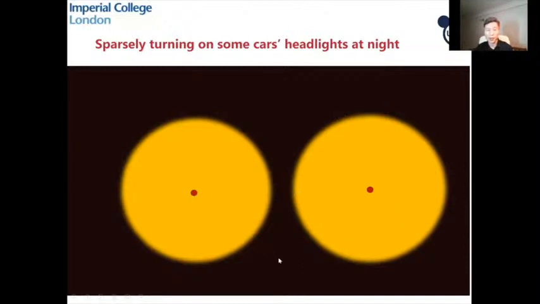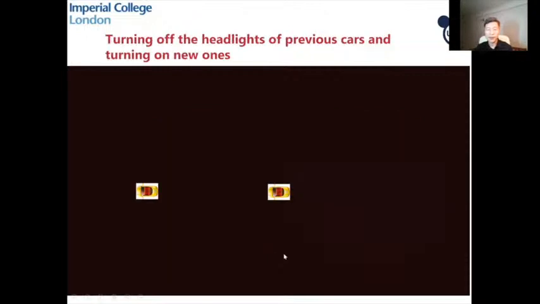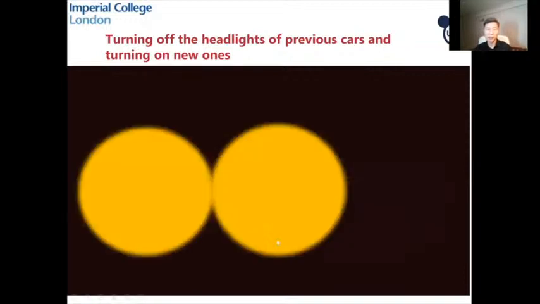Although the image you get is much bigger than a car, you can localize where the cars are. Then we turn the headlights of those two cars off and turn the headlights on for another two cars, like here and here, and we get another image with two such blobs. Again, we localize their centers.